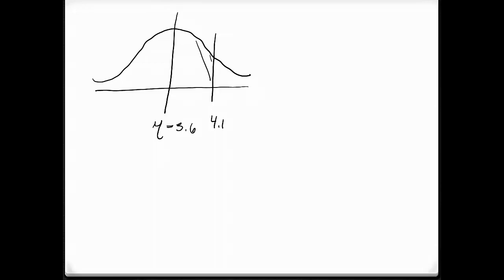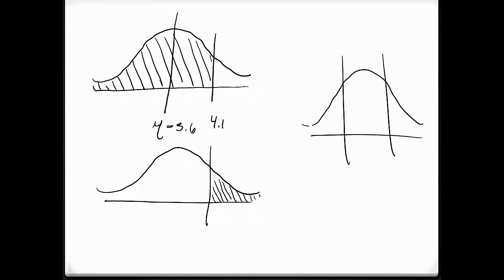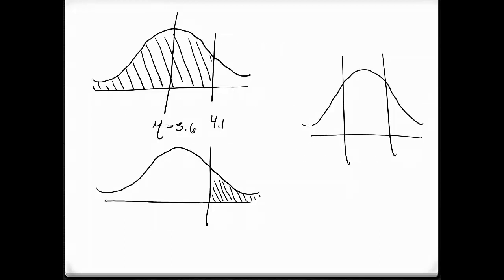So I want to know the probability that something will be below 4.1. Then I want to find out above 4.1. So I want this area. Then I want to find in between a certain amount. So it was between 3.6 and 4.1 million.